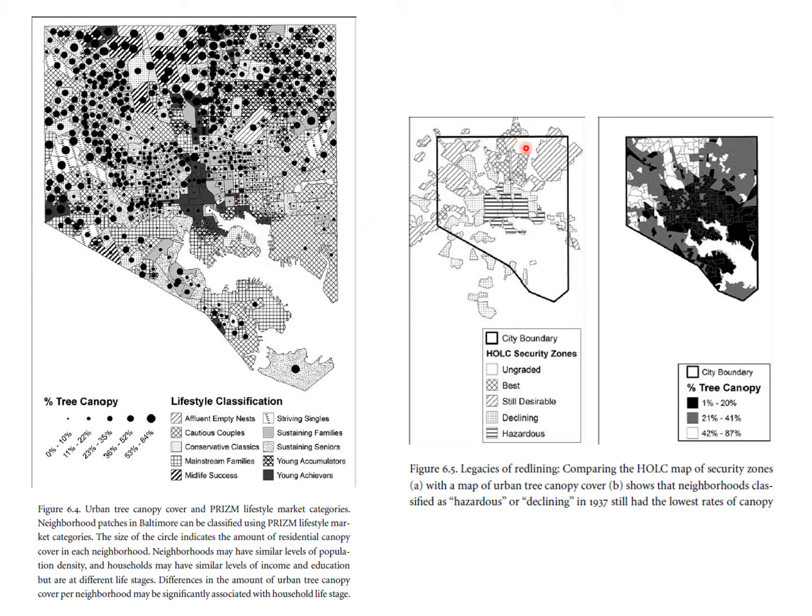There were those legacy effects from the 60s, but there were also some effects going back even further, to the 30s, when some of these areas were zoned. This is what's commonly referred to as redlining, where some districts and city zones are zoned in ways that are literally called hazardous and declining, and that influences the services that those people have access to.